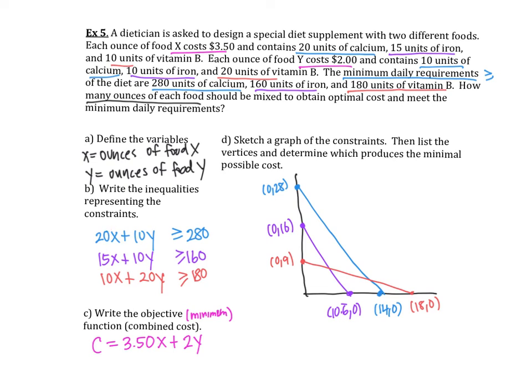No. If I plug in 0, 0, it doesn't work. So I'm shading above all of these lines. If I'm above the red line, the purple line, and the blue line, where do I end up? I'm ending up somewhere way out in this infinite land, which means it makes even more sense that I'm finding a minimum since this is not going to have a maximum because it's unbounded.